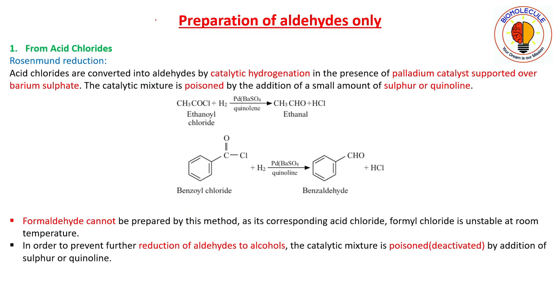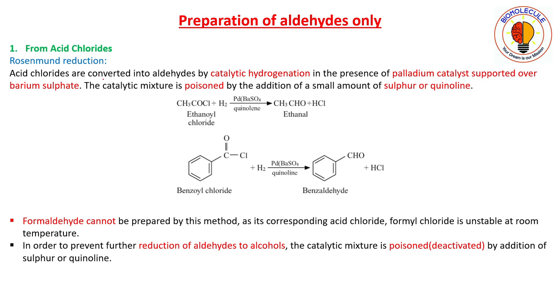Now we move on to the procedures from where we can get aldehydes only, not any ketone. The first reaction is the Rosenmund reduction. It is from acid chlorides, so now we are focusing on acid chlorides.